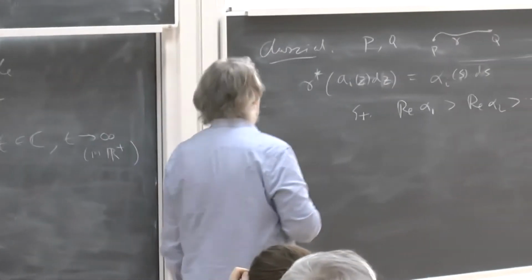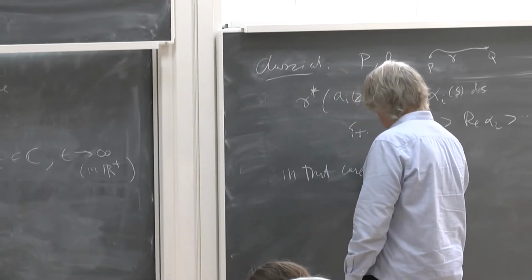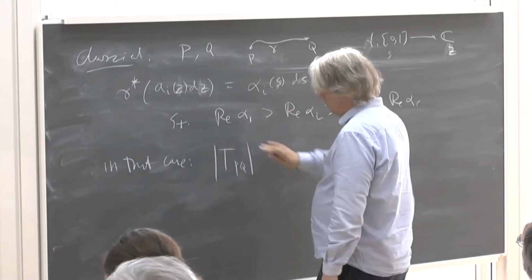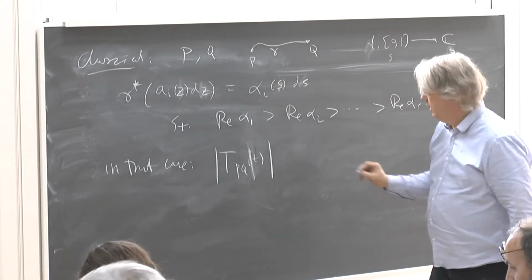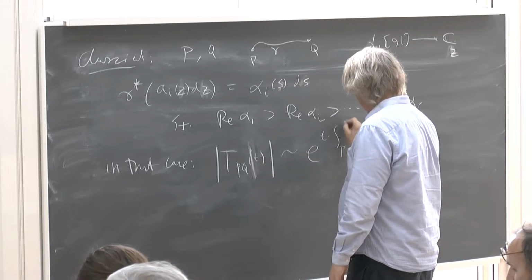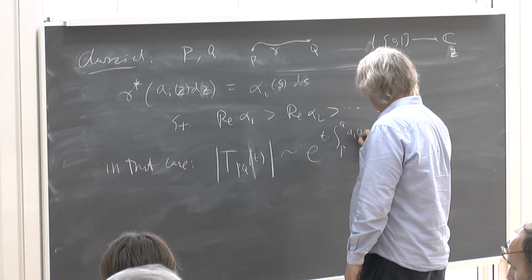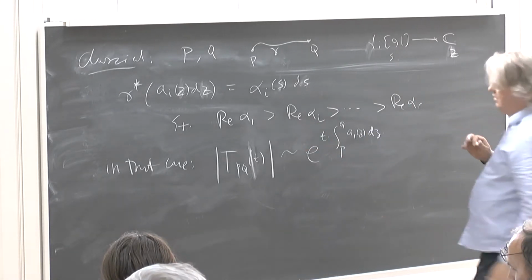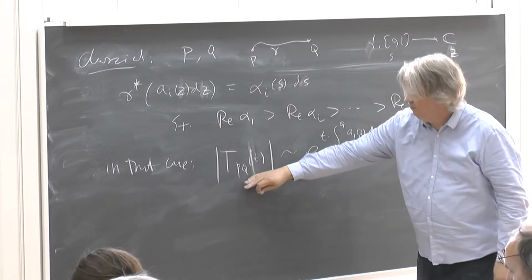In that case, we know how to solve the equation. The transport function from P to Q, which depends on t, is going to look approximately like e to the t times the integral from P to Q of a_1(z). Well, what does this approximately mean? It's an approximation, but it gives the order of growth of this transport matrix.